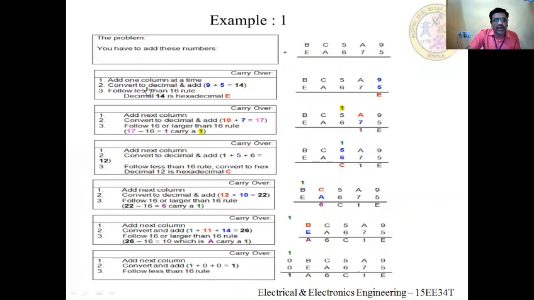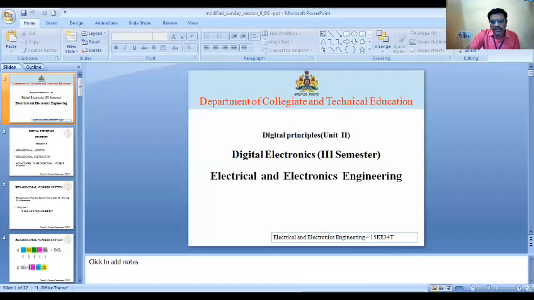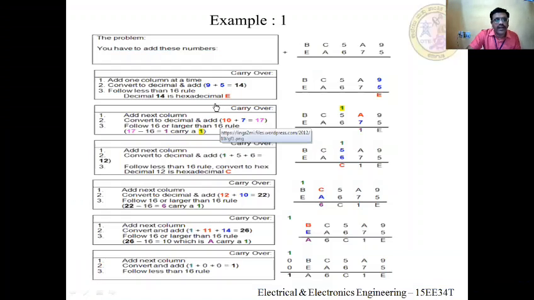Before adding, we have to convert the given hexadecimal number to its equivalent decimal value. But 9 and 5 are already their decimal equivalents, so no need to convert. 9 will be the same in decimal as well as in hexadecimal, and 5 will be the same too.